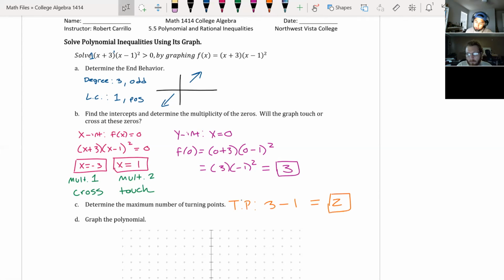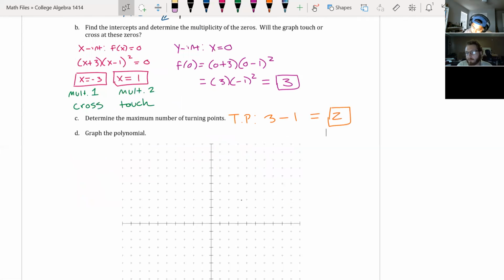Now we have enough information to sketch the graph. So let's go ahead and sketch it, plot the x-intercepts and the y-intercept. So -3 and 1. And then a y-intercept at 3, which is up there.